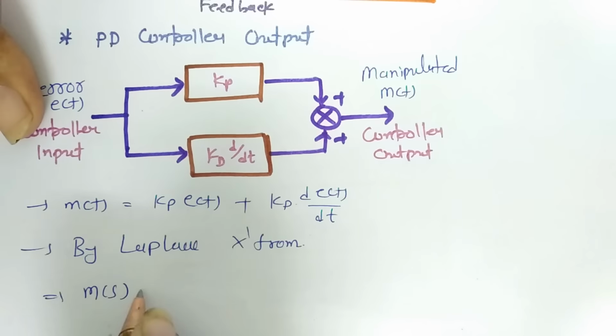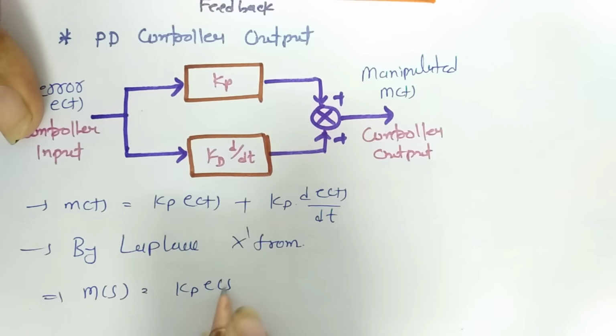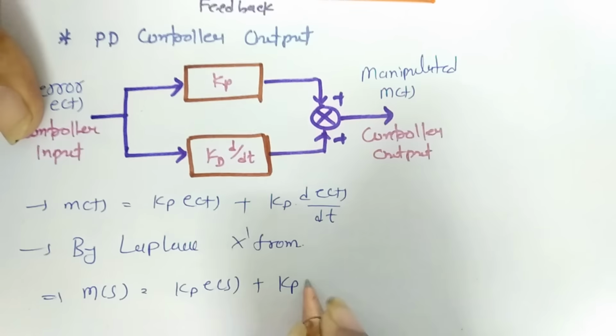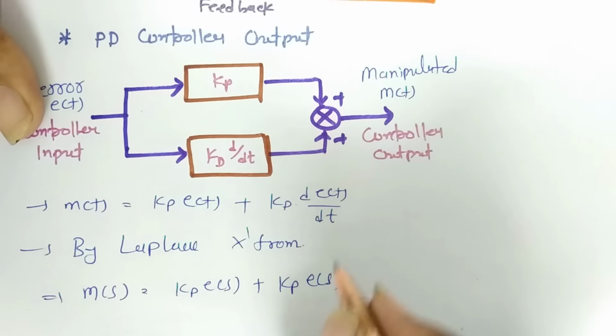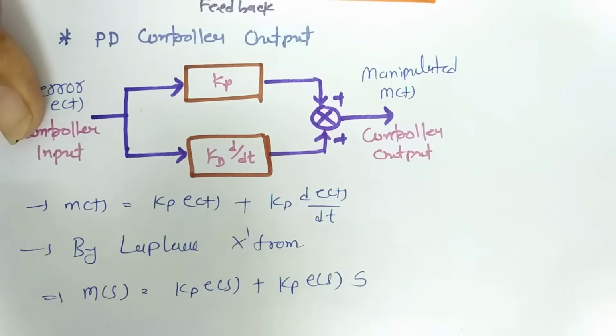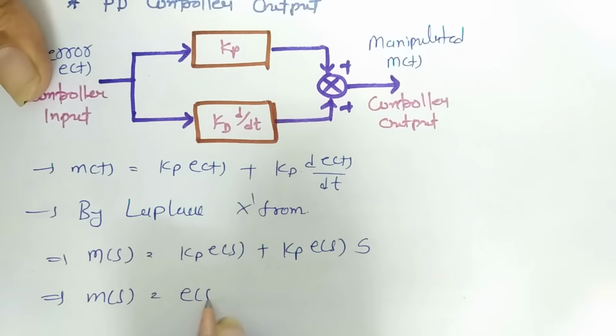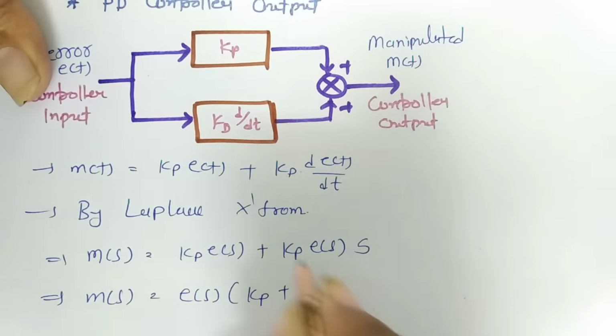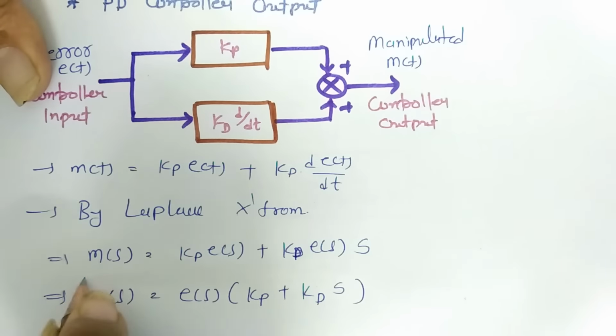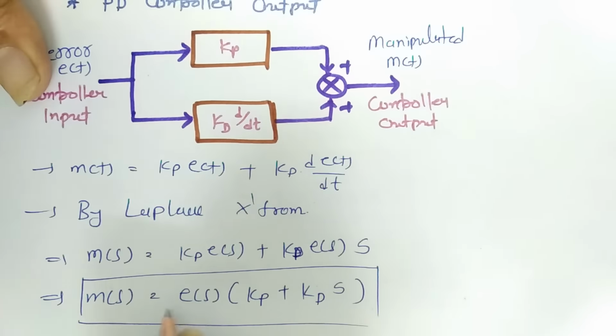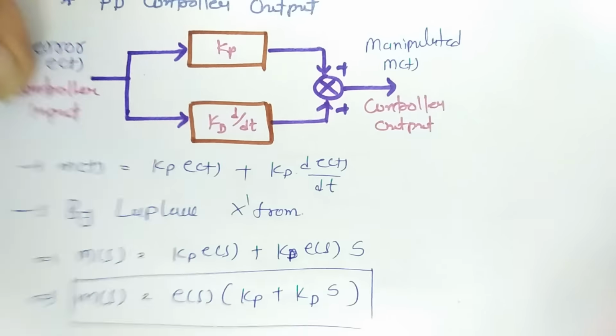So now M(s) is equal to Kp E(s) plus Kd E(s), where the differential part results in multiplication by s. I can rewrite this as M(s) is equal to E(s) into (Kp plus Kd into s). So this is my controller's output, which is based on the error input signal.